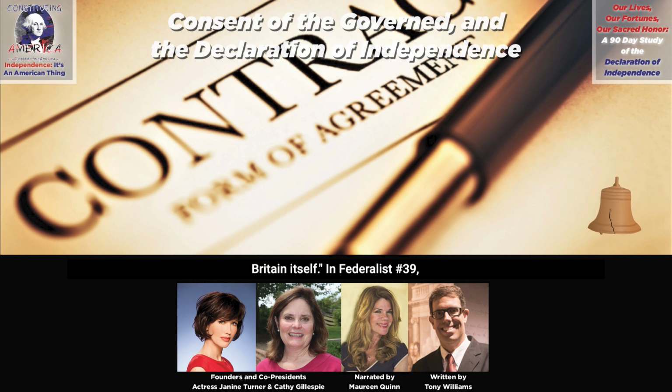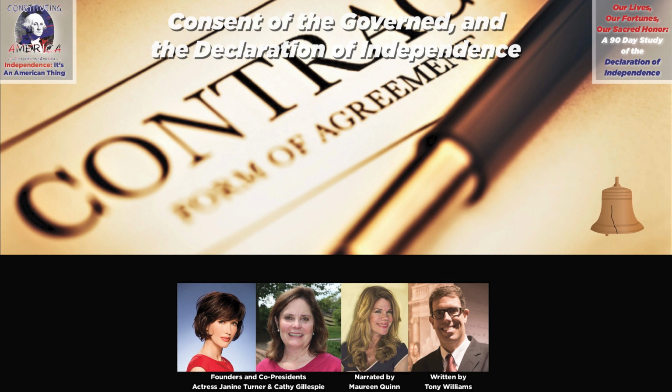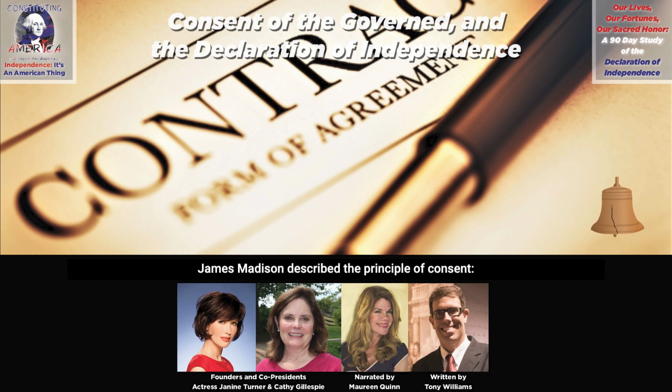In Federalist number 39, James Madison described the principle of consent. "We may define a republic to be, or at least may bestow that name on, a government which derives all its powers directly or indirectly from the great body of the people, and is administered by persons holding their offices during pleasure for a limited period or during good behavior.